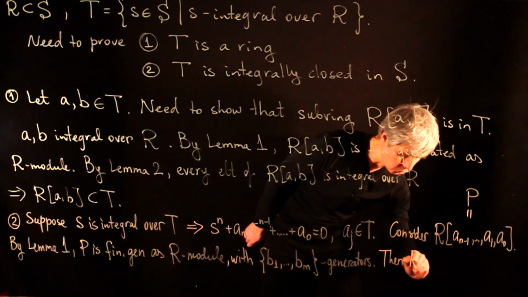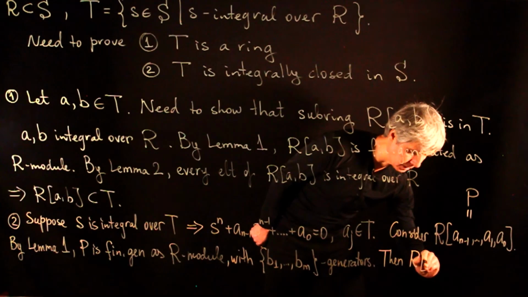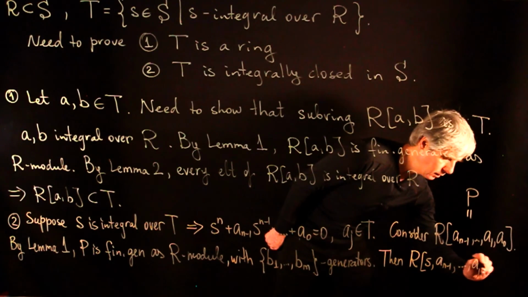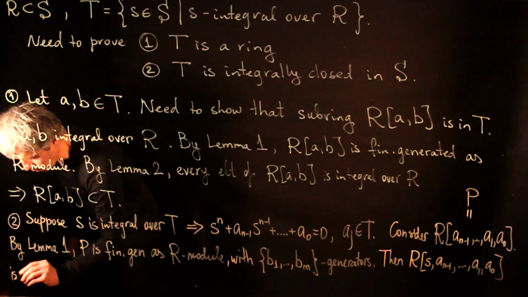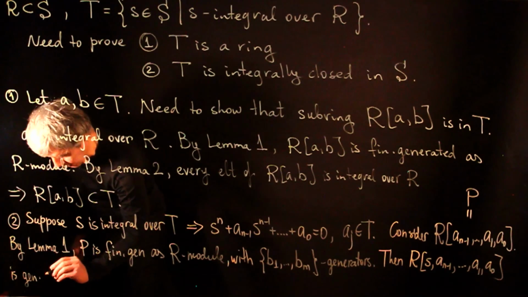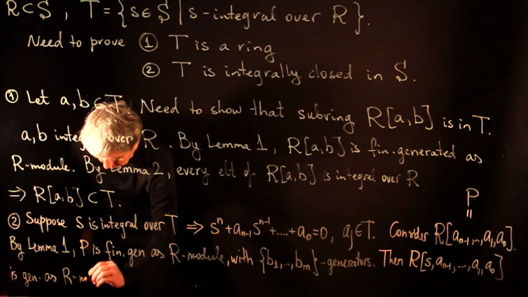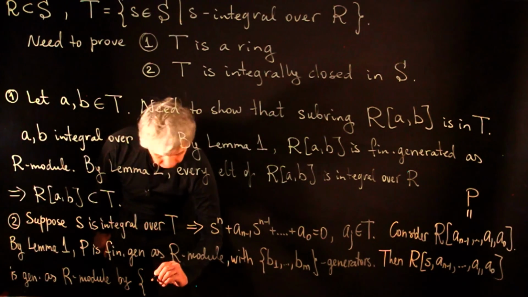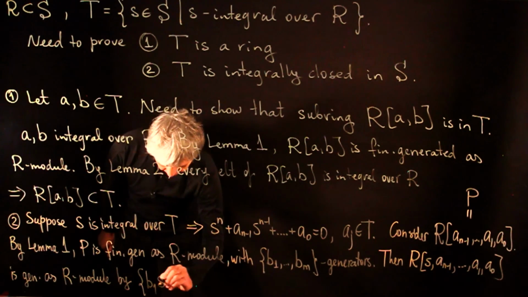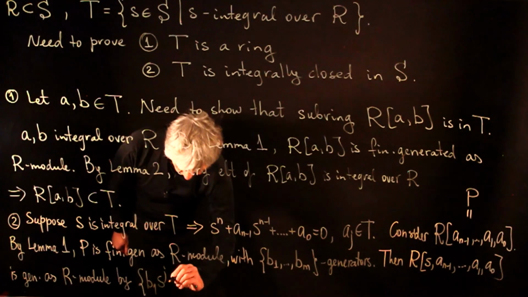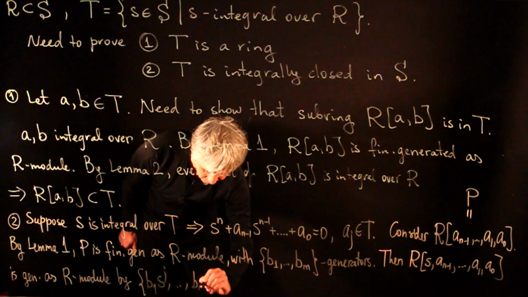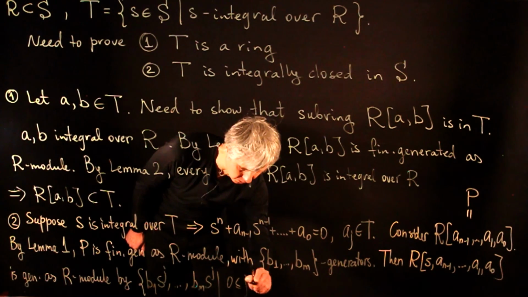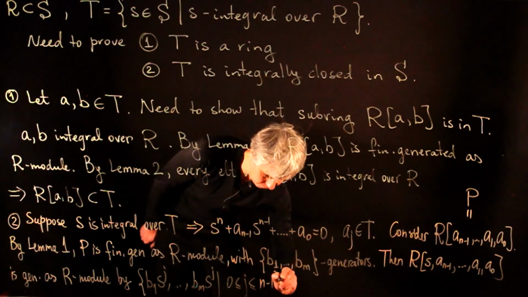Then the ring generated over R by elements s, a_{n-1}, up to a1, and a0 is generated as an R module by the set b_i times s to the power j, for i from 1 to m, where j is between 0 and n minus 1.